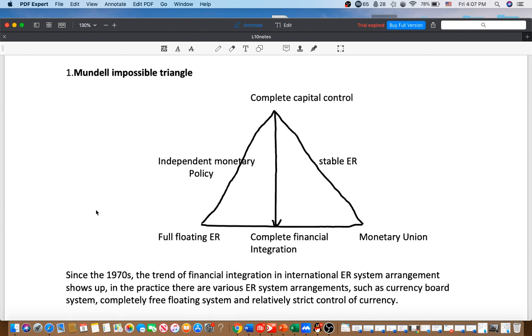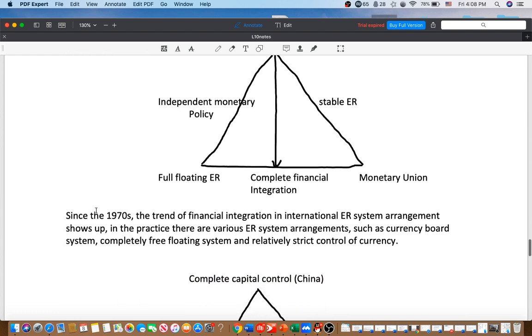In practice, there are various exchange rate system arrangements, such as the currency peg system, complete free floating system, and relatively strict control of the currencies. That is denoted in this figure.